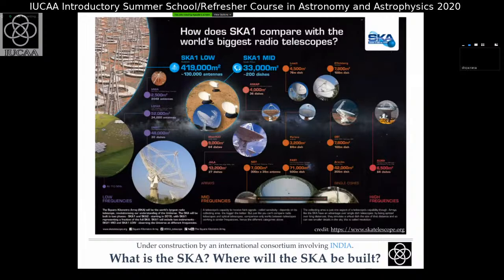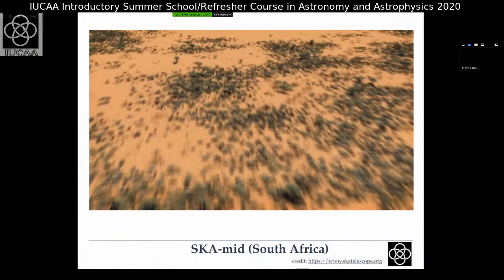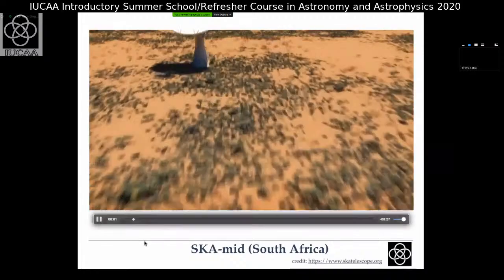So that's the idea. And SKA1 should start construction in a couple of years. And you can visit the SKA site. This link is given here, and you can try to understand both the different telescopes and what kind of science they will do.